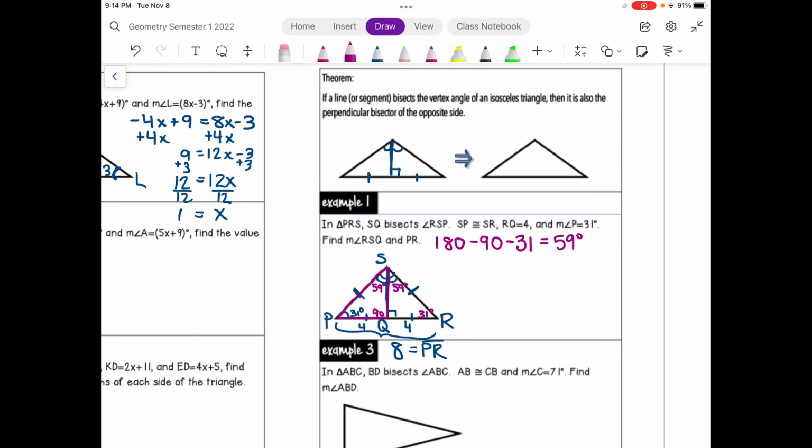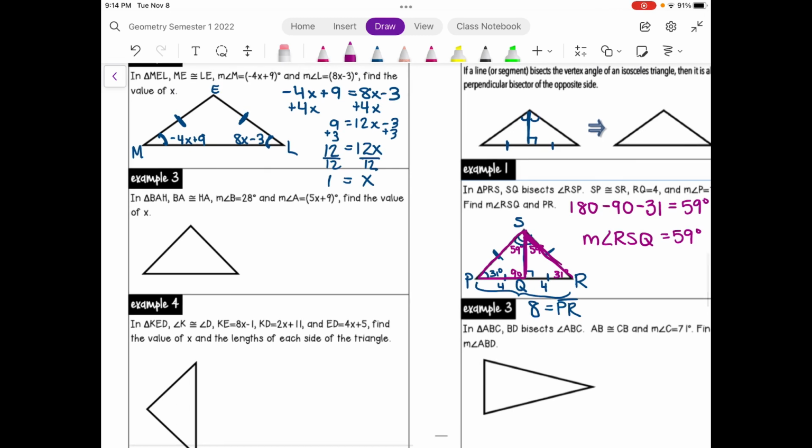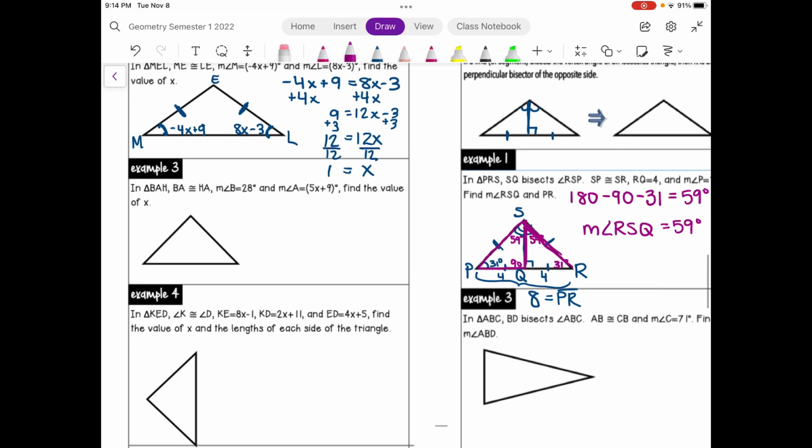So to answer our question, the measure of RSQ, remember RSQ is this one right here, is 59 degrees. Again, check class notebook for all the other examples on isosceles triangles, and then meet me back for equilateral triangles, which will be shorter than this one.